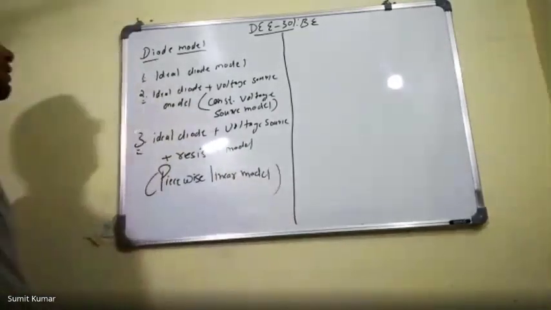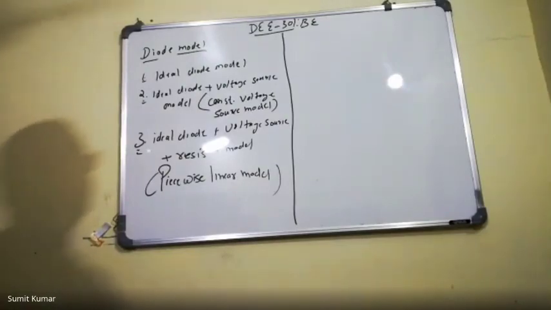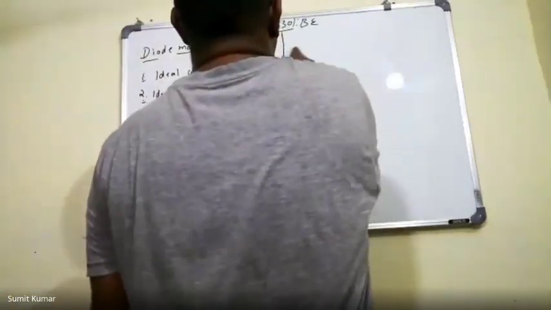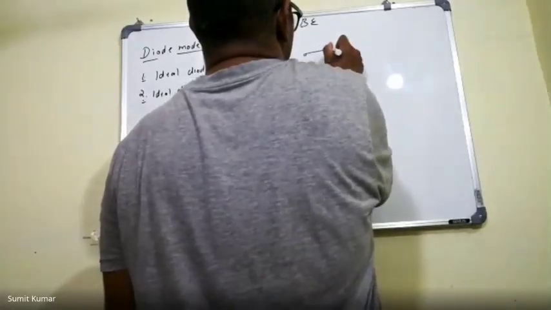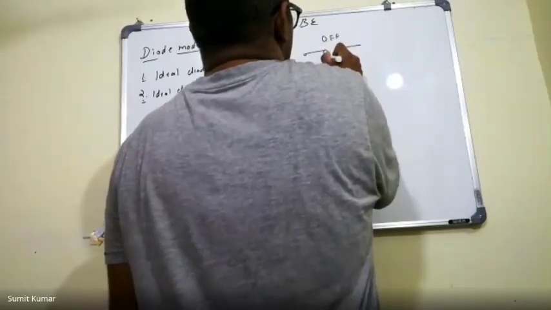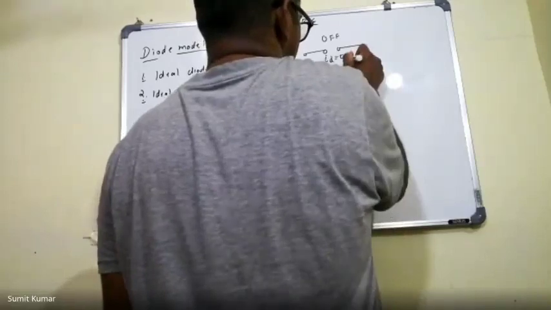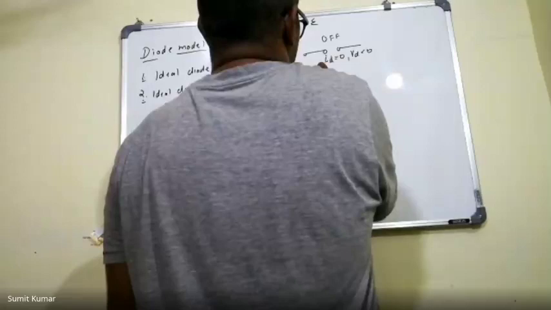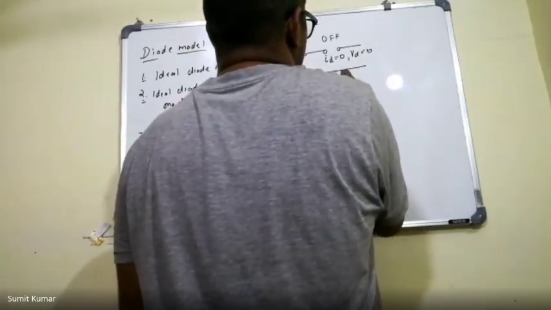So we discussed these three types of models in the previous lecture, and how we can model the diode in these models. In the ideal diode model, we model the diode as an open circuit when the diode is off or not conducting, the current is zero, and the voltage across the diode is less than zero, and we model the diode as on or conducting when ID is greater than 0.